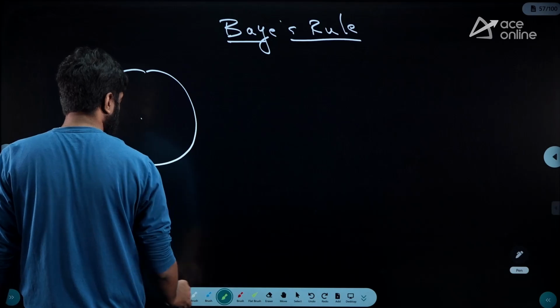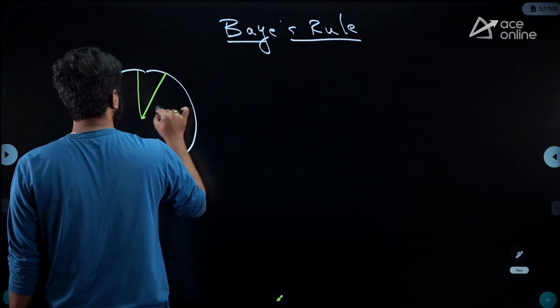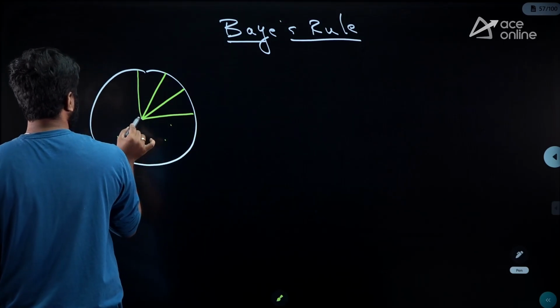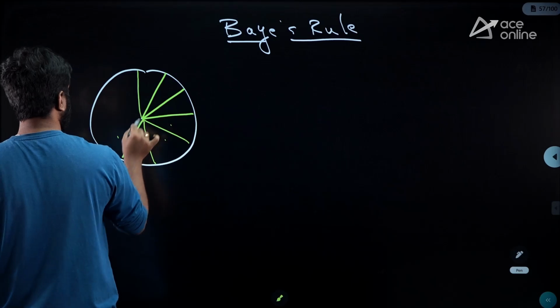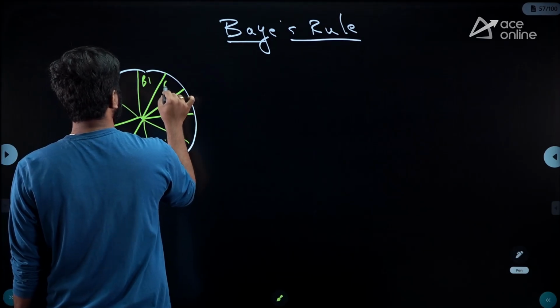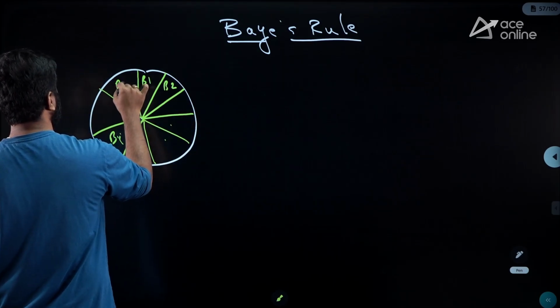So what I used to say is, imagine one sample space like this and divide this into mutually exclusive events. Name them B1, B2, let's say this is Bi, and then let's say this is Bn.